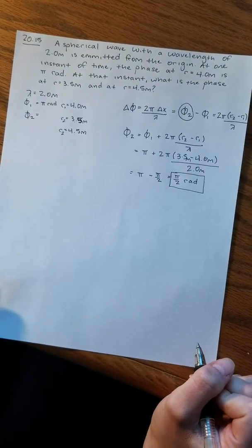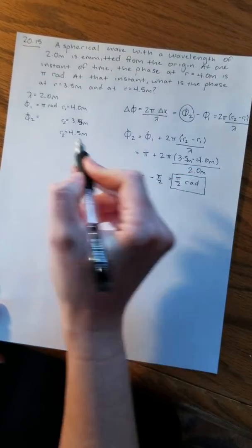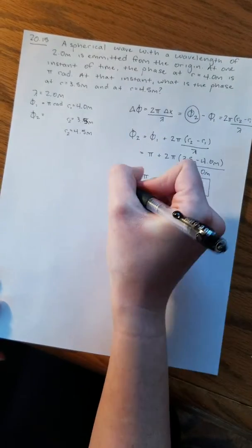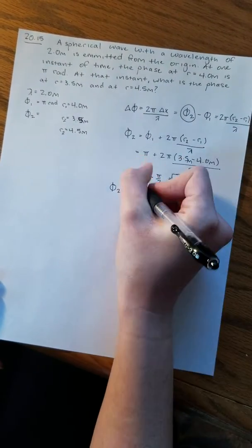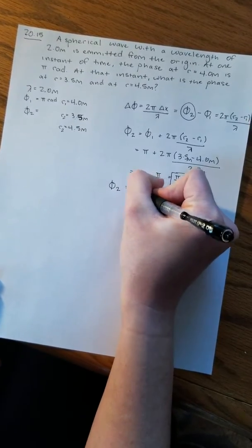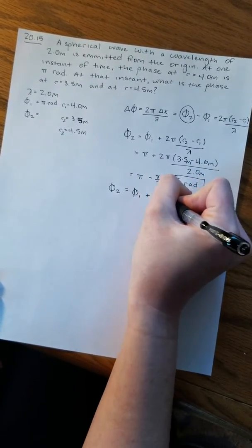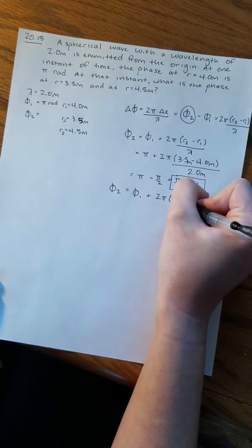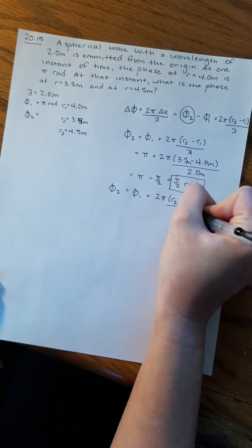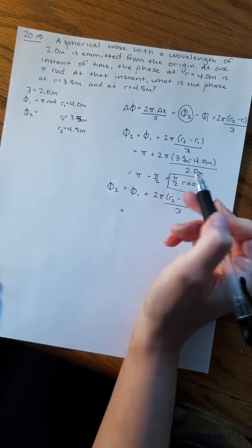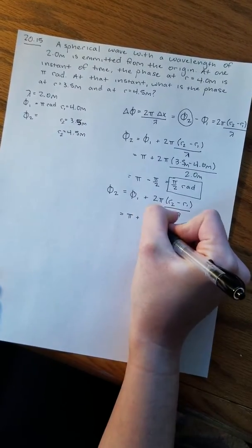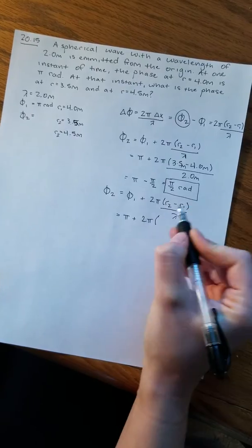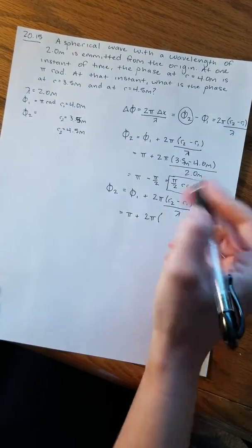And then we'll do the same thing for this other R2 value. So we can just take what we've already done and plug in a different number. So our phase 1 is still pi, and now for our R2, we're going to use the second one, 4.5.